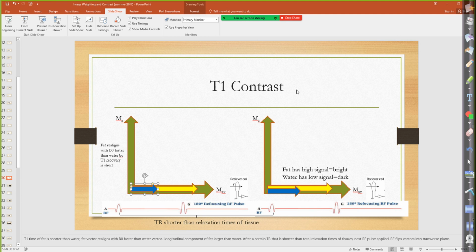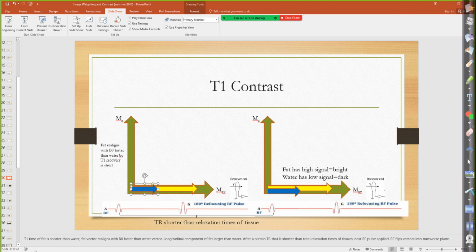Okay? So for a T1 weighted image, to get T1 contrast, we manipulate the parameters to get this desired effect. Okay, and we'll talk about that here in a little bit. But at this point, what you know is that fat has a higher signal on a T1 weighted image than water because of the size of the vector in the transverse plane.